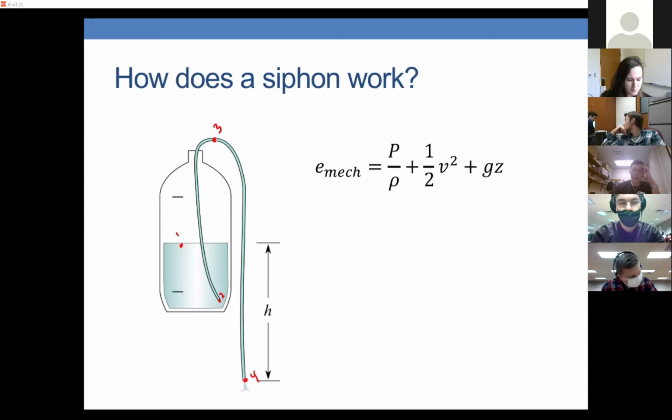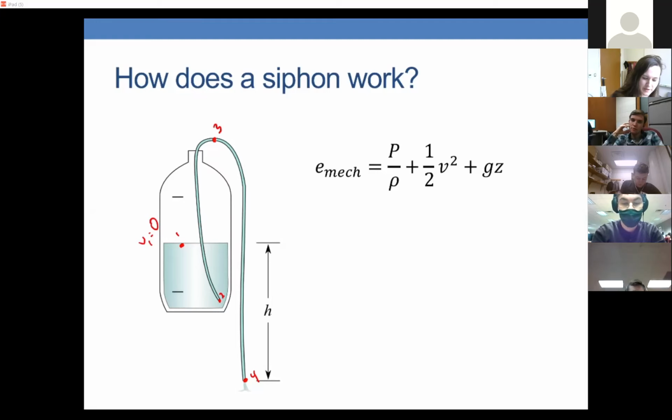So at point 1, what would our velocity be, do you think? 0. Whenever we have a big tank, the level is falling, but if it's falling slowly enough, we'll just say the velocity is 0. So that's something to keep in mind.